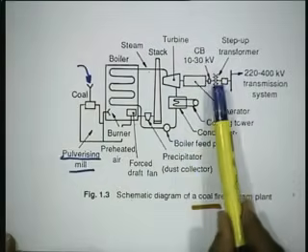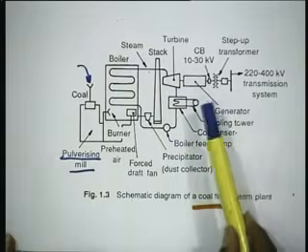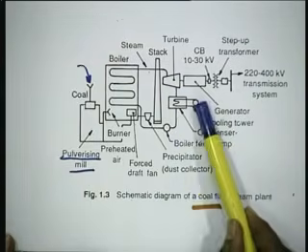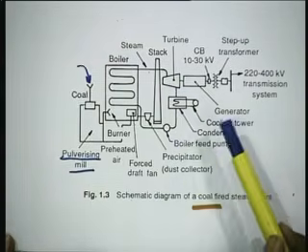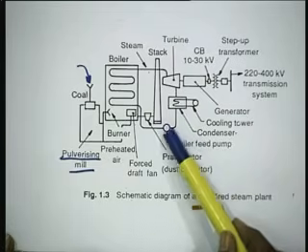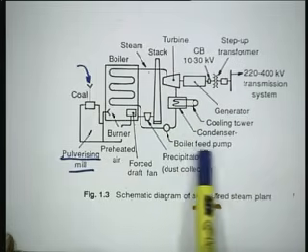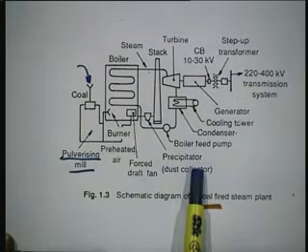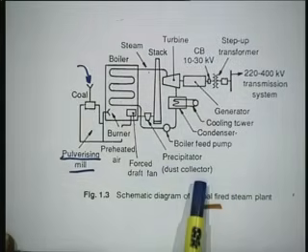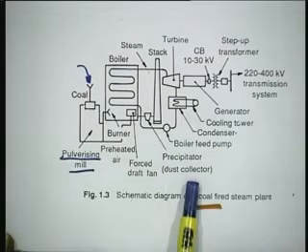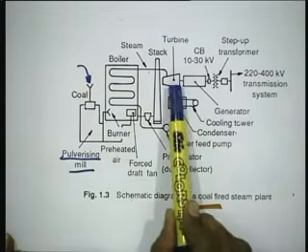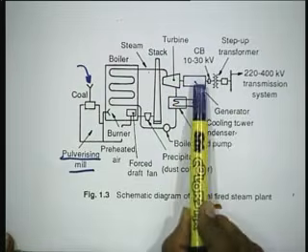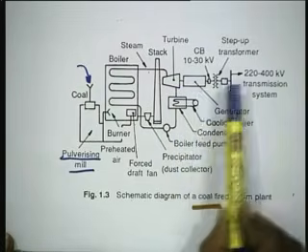After this turbine, the steam passes through the cooling tower, where it gets condensed, and again water is fed back to the boiler by the boiler feed pump. Okay. This precipitator is also shown here, which collects the dust. Now, this steam runs, it is a prime mover, it runs your generator and power is generated.